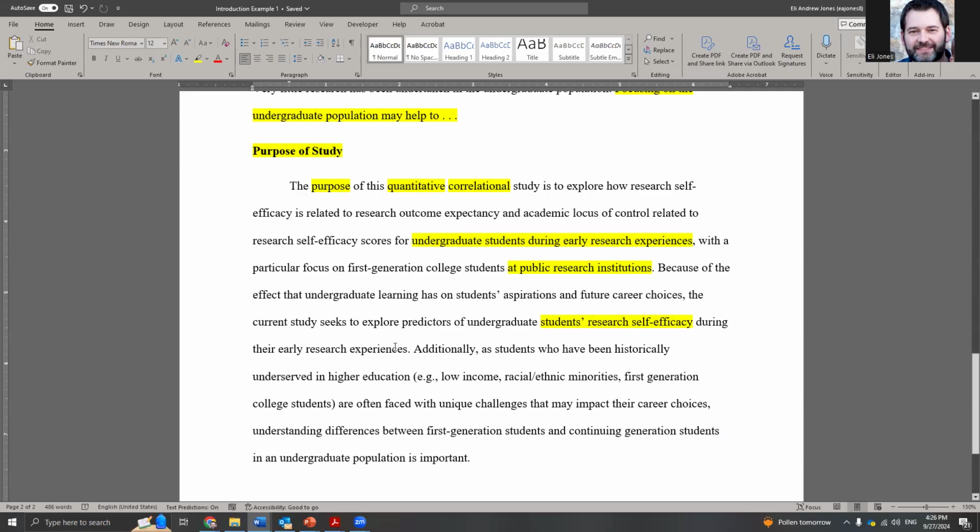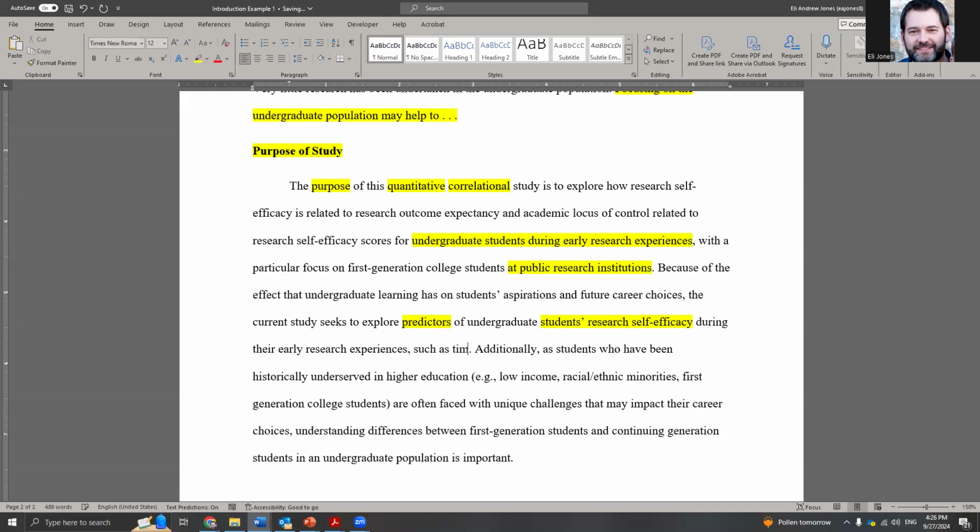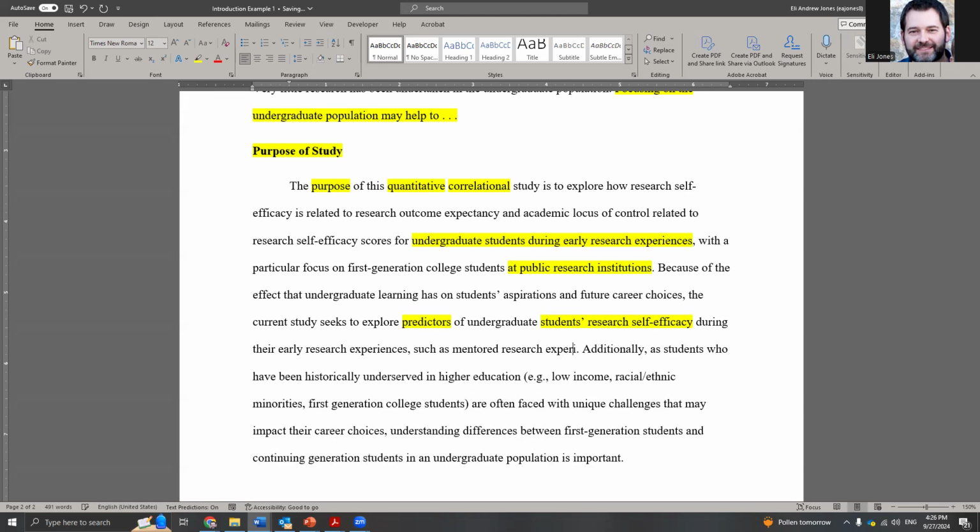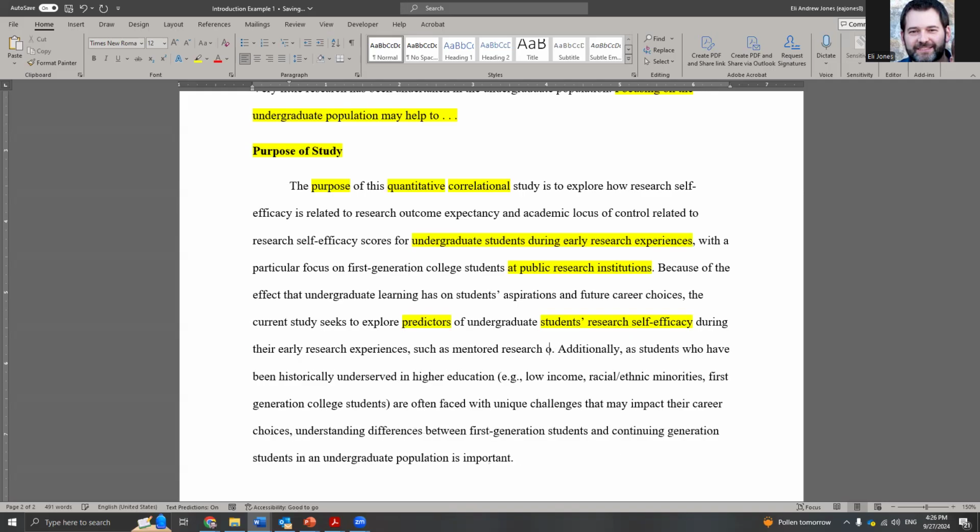During their early research experiences, predictors, but this is probably then the independent variable. I don't really say what they are. Let's say, such as, and I might say time spent in mentored research experiences or opportunities.